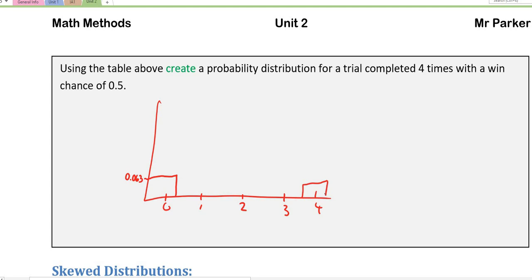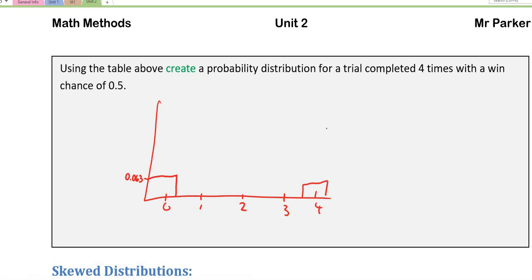How do I know, guys, that 0 and 4 are going to be the same? Will that always be the case? It's the case in this one instance for one reason, and that's because my success and failure are both 50-50. If I had a higher chance of success, my 4 would be higher than my 0. So if I had a 60% chance, 4 might be 2 or 3 times as high as the 0. Okay, what about 1 and 3?